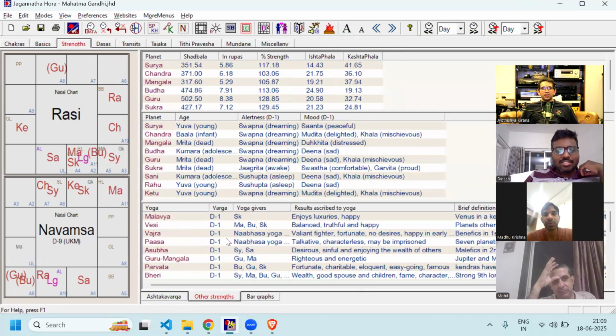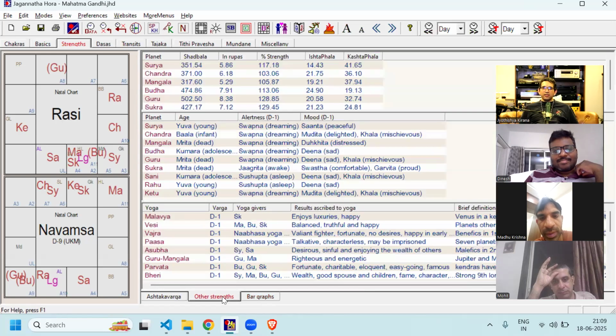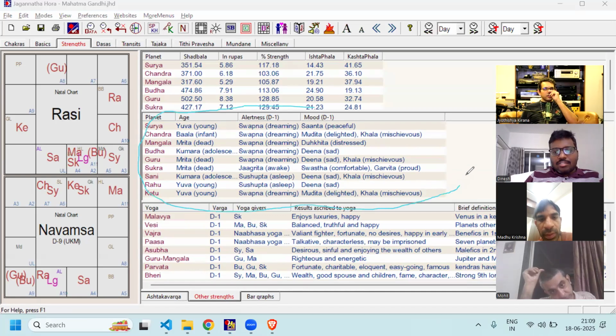Now Shadbala, you see out of which graha is in which avastha. No, don't go to Shadbala. You first put basics. The degrees we have to see. We can see the other avasthas directly here. Okay, you have avasthas also. But I want to show them the degree. Okay, Anna, first you go to basics.